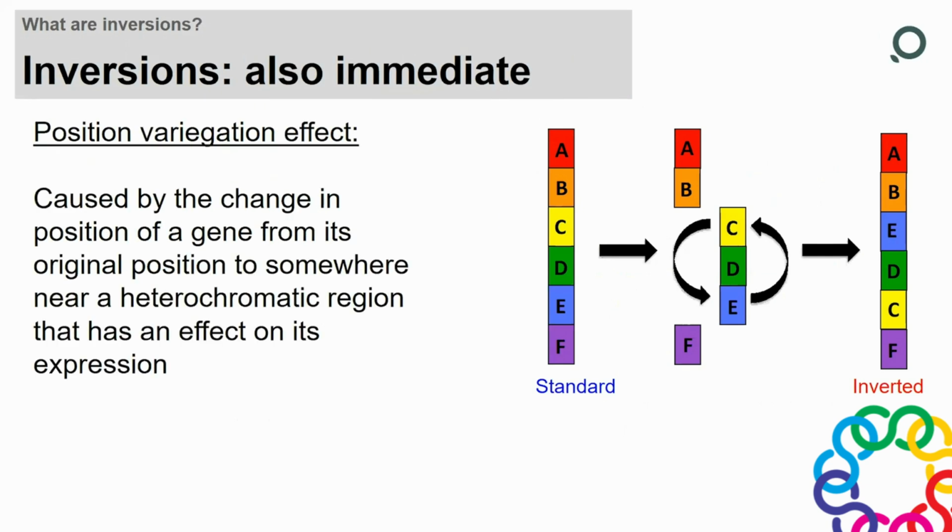But the other immediate impact is that many inversions immediately have what we call a position variegation effect, and this means it has an impact on the expression of the genes that are inside the inverted region, just due to the change in position, because it moves genes closer or further away from regions that are, for example, heterochromatic regions. So depending also on the size of the inversion and how large the spatial differences are, you have immediate impacts on expression.